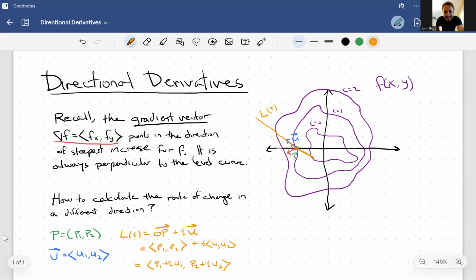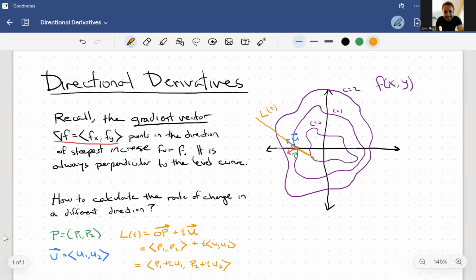Okay, and so at any given time t, that expression points to a point on this line. At time 0, it's pointing at the anchor point P, and then it moves in the direction of U at speed 1. All right, great.